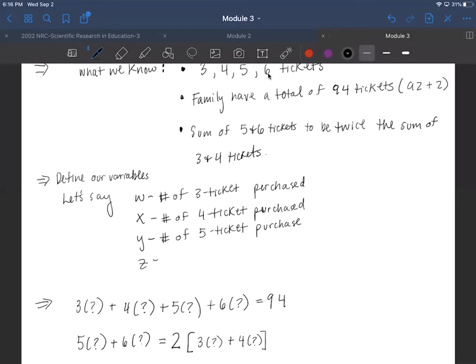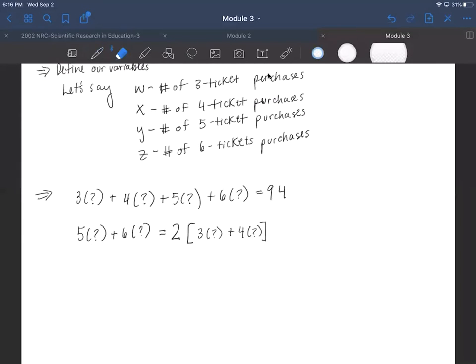And Z equal the number of 6 tickets purchased. I have been talking about this all in the past tense, so we could say purchases. Like, how many of those purchases can we make?